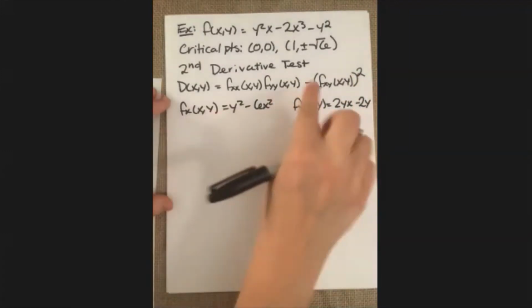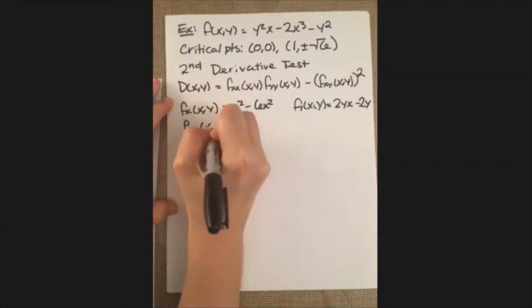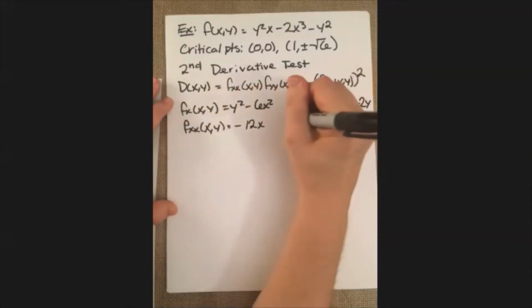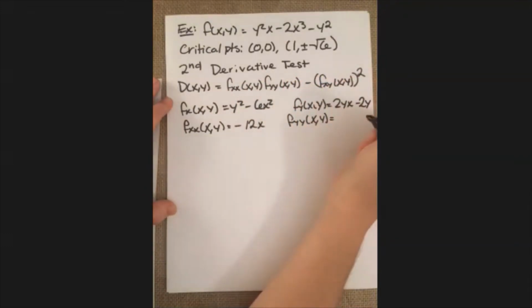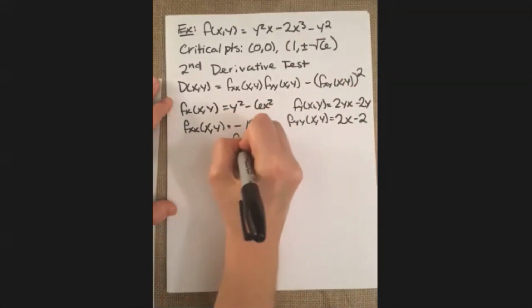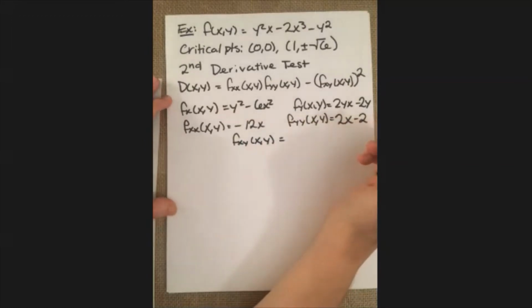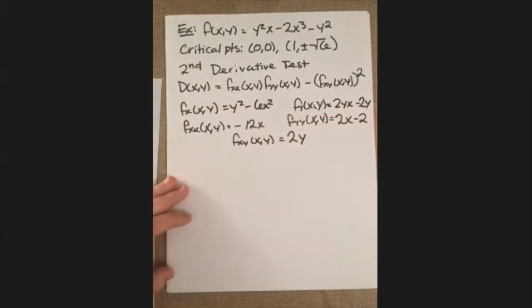So now I'm going to get my second partial derivatives. f_xx is equal to negative 12x. Second partial with respect to y is going to be equal to 2x minus 2, and then my mixed partial is equal to 2y, like so.